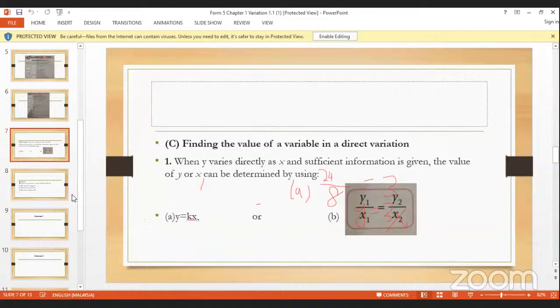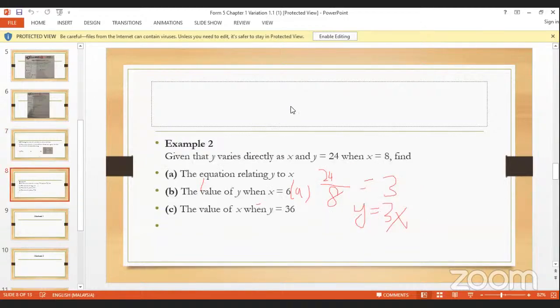Using this formula again, we get y1 over x1 equal to 36 over x2. 3 equal to 36 over x2, so 3x2 equal to 36.